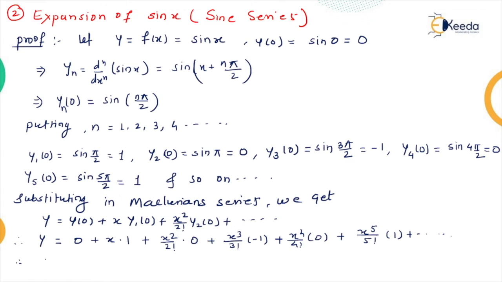So clearly y is sin x, and that is equal to: the first term is x, the second term is absent, the third term is minus x cube divided by 3 factorial, the x raised to 4 term is absent, then plus x raised to 5 upon 5 factorial, the next term is x raised to 7 upon 7 factorial, plus and so on.